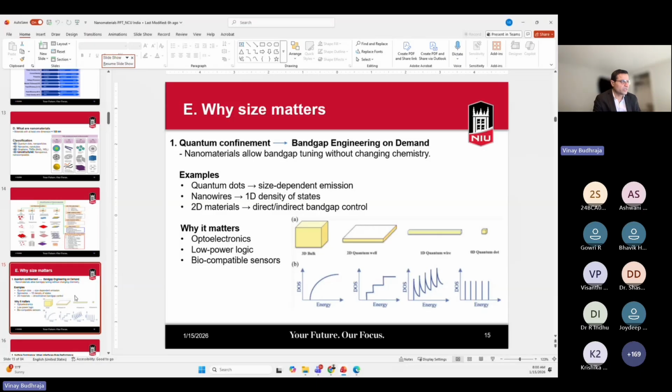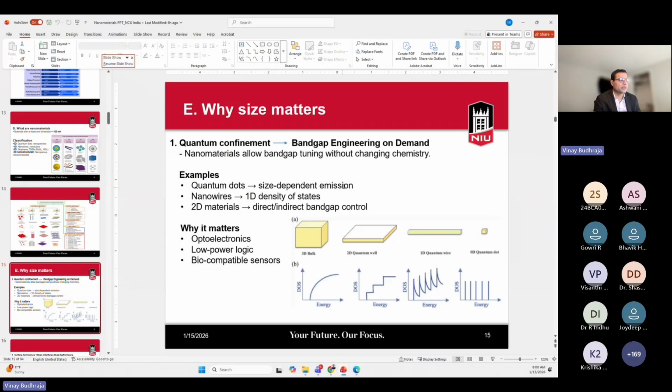Size matters because of quantum confinement, which is band gap engineering on demand. Nanomaterials allow band gap tuning without changing chemistry. Quantum dot is a very good example.